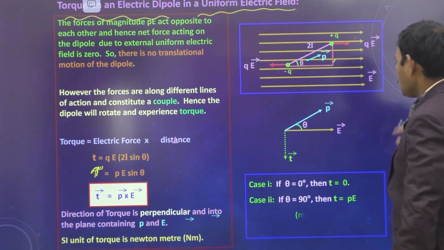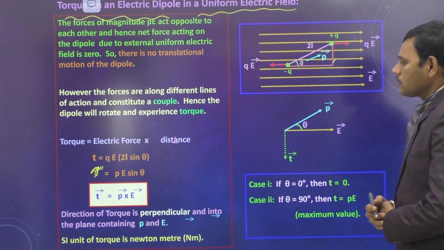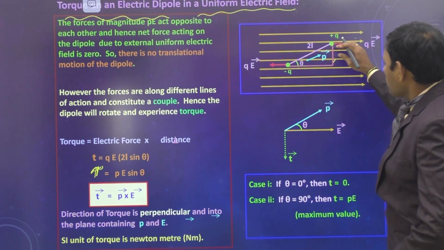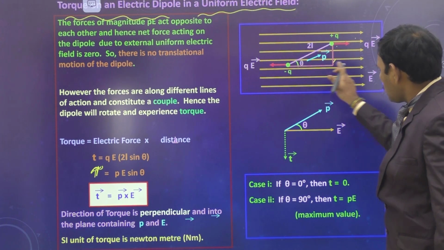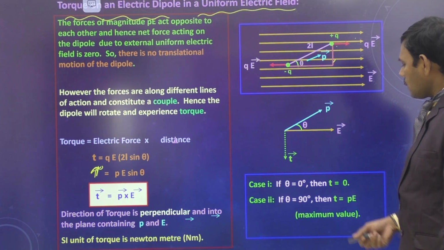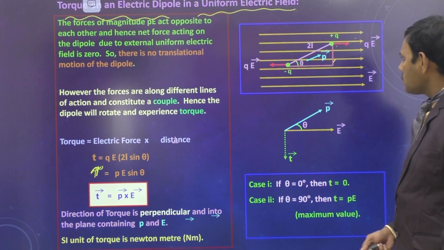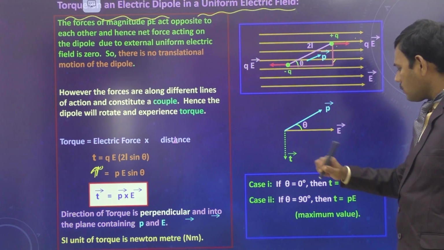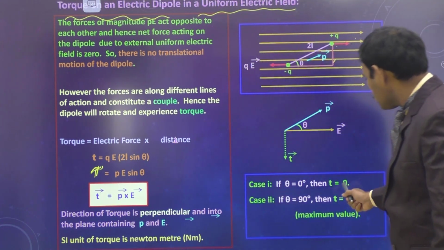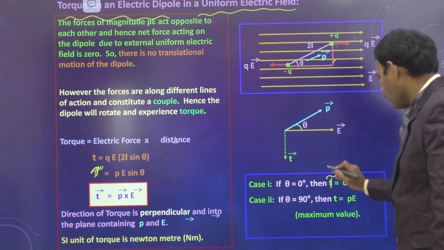Here we consider some cases of this formula. Case 1: if the dipole is kept along the direction of the electric field, theta is equal to 0 degrees, p bar and E bar are parallel to each other, so torque is 0, tau is equal to 0.